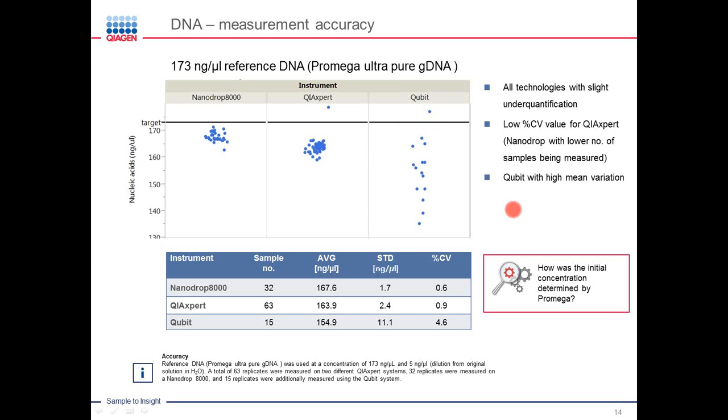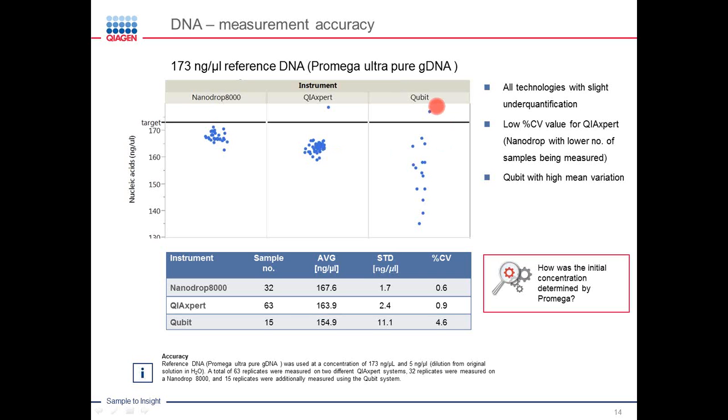In terms of the under-quantification, of course, the magic question is, how was the initial concentration determined by Promega? So is it true that actually 173 nanograms are in these samples? But in terms of the variability, you can clearly see that at this concentration range, the absorbance-based measurement gives the better reproducibility, I would say, versus the fluorescence-based measurement.